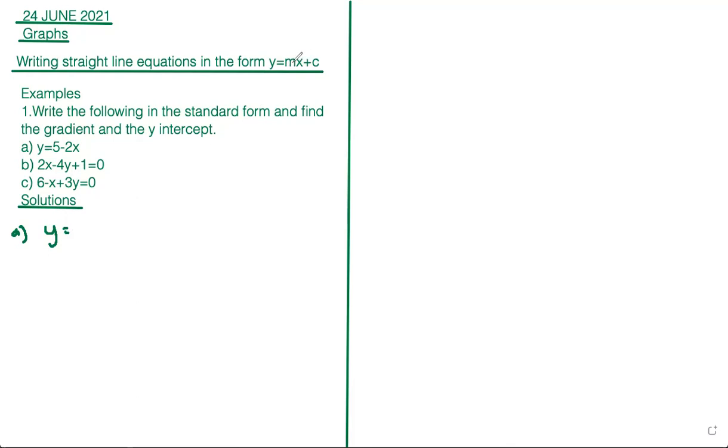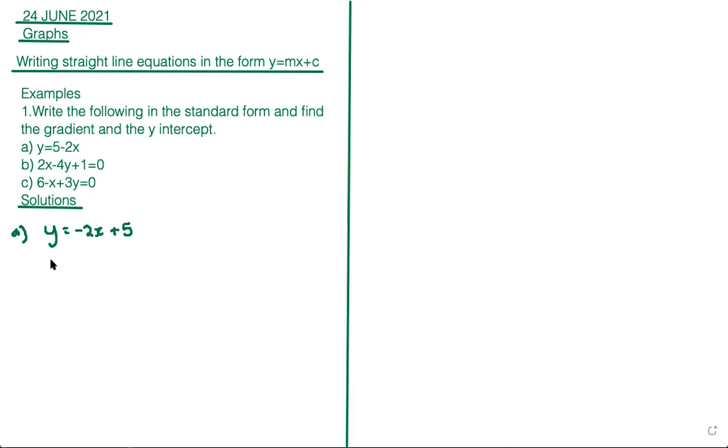Make sure that the x term is written first. So in this case, I'll write the x term first, and I see that the x term is negative 2x. Then the constant is positive because it has no sign there, so it's a plus 5. So now I've written it in the form y is equal to mx plus c.